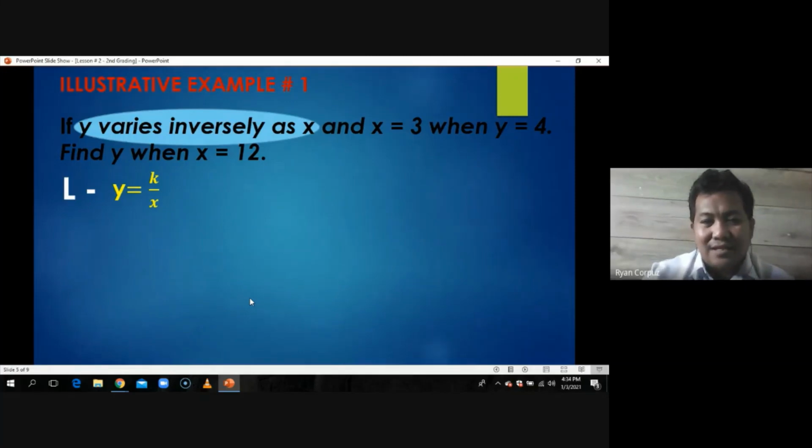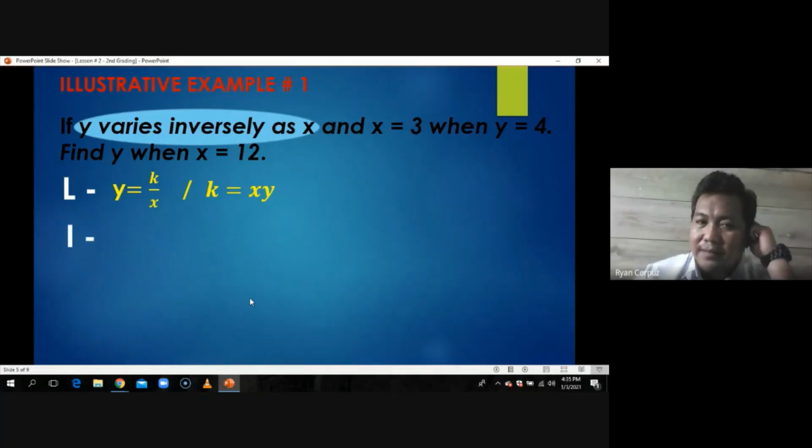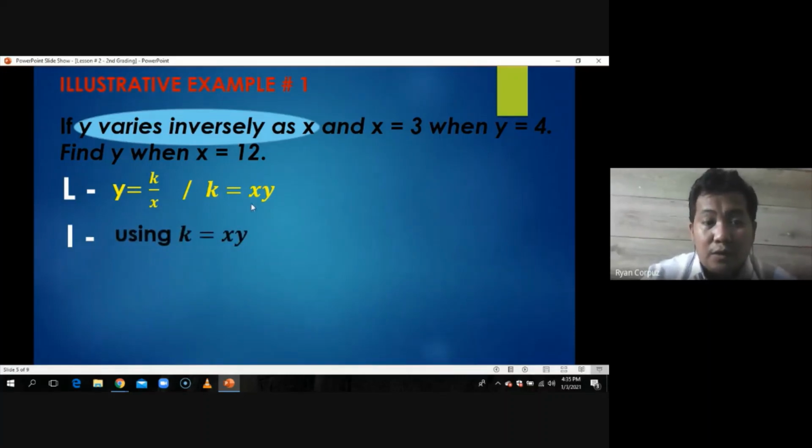Then, the other translation will be its translation in terms of k. Sinabi nga natin, kapag inverse variation, it's the product of the two quantities. The two quantities are y and x, so it should be k is equal to xy. Next, using the second step, let us now find the value of k using the second form equation, the translation in terms of k.